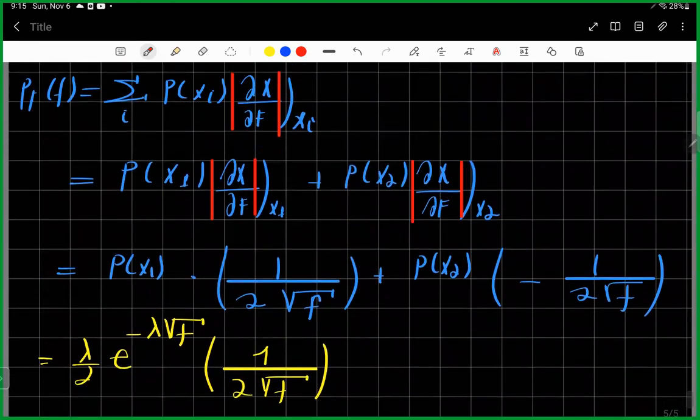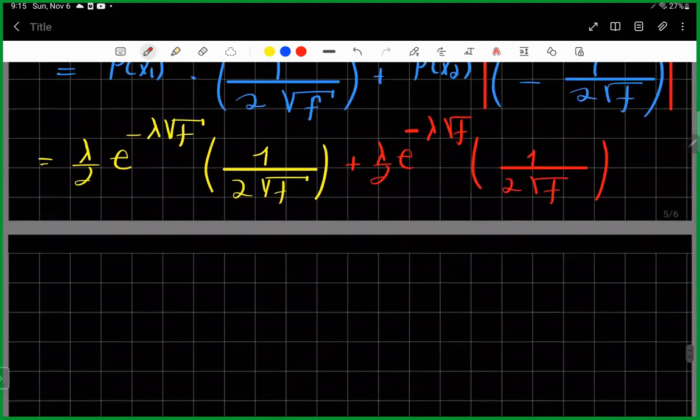But here, if I do this, then I have plus lambda over 2 e to the minus lambda, absolute value of minus the square root of f. So this is just the square root of f. Very good. So here, this is the absolute value of that. So this is just 1 over 2 square root of f. Okay.